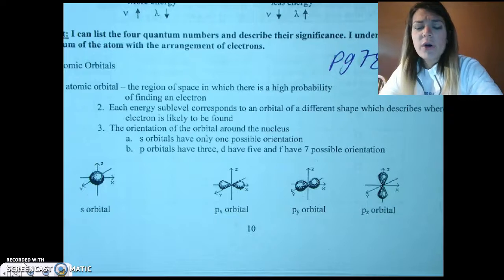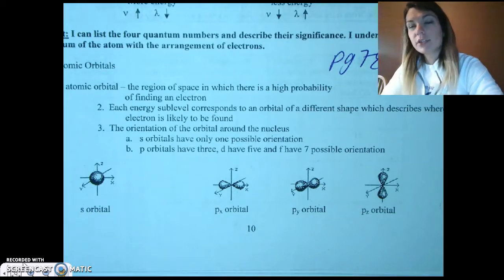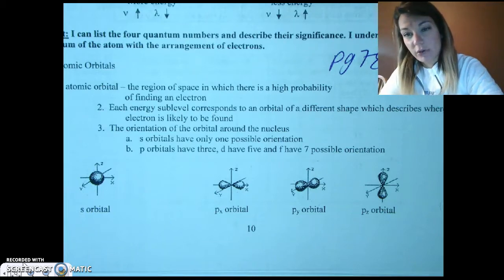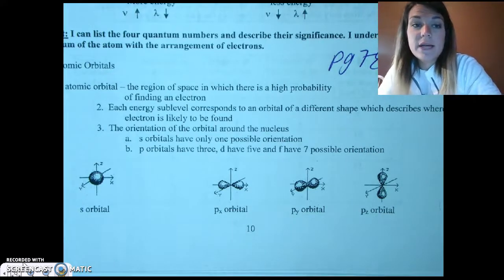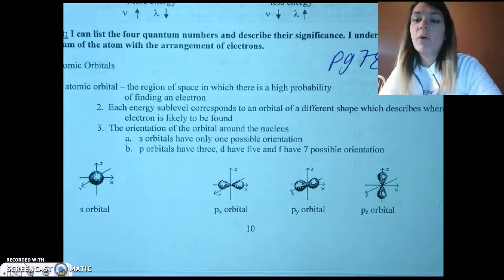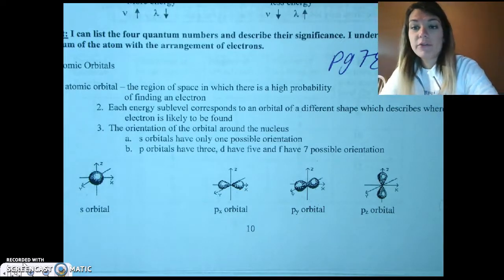So he's right to say that each orbital will be a different energy level. His understanding of where the electrons are located, however, is not entirely right. We're going to deal with this thing called atomic orbitals. Now, with orbitals, you're still thinking of electrons orbiting the center of the nucleus.